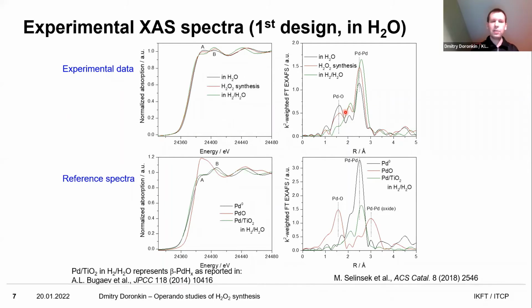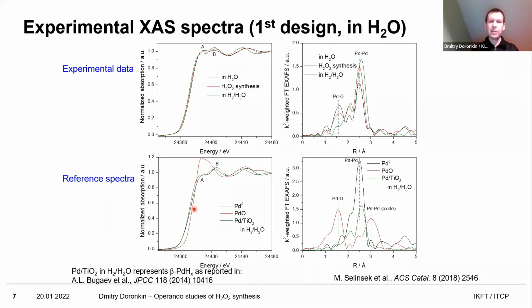Then if we compare it to reference data, and it's important to have reference databases, that's a big project in Germany right now going on, to establish reference databases available to everybody, which would be searchable and with reliable data in it, with proven data modeled and with X-ray diffraction data to support the reference data.